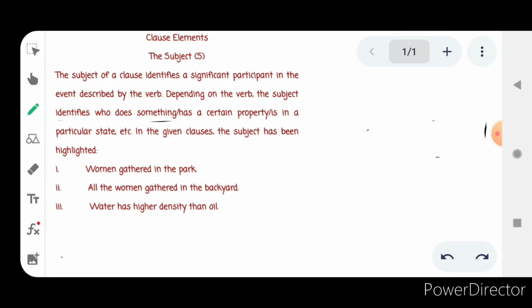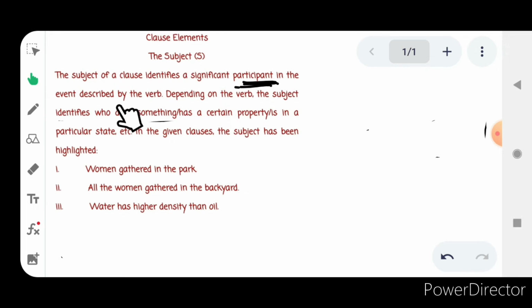We have understood one thing here. The subject of a clause identifies a significant participant, the main participant. There might be other nouns in the sentence, but those nouns may not be the significant or main participant in the sentence.